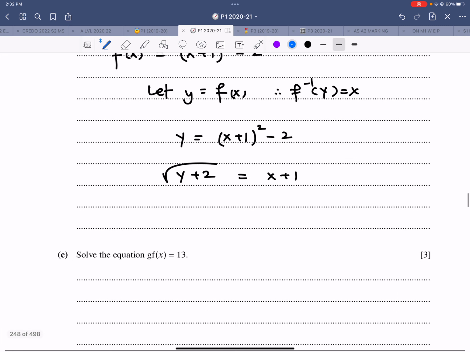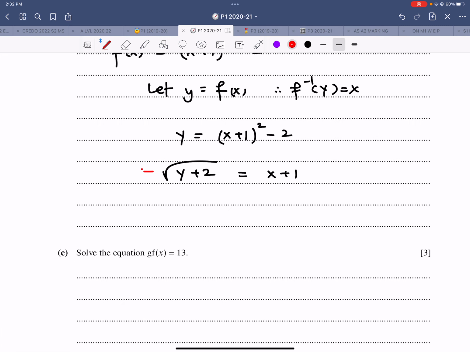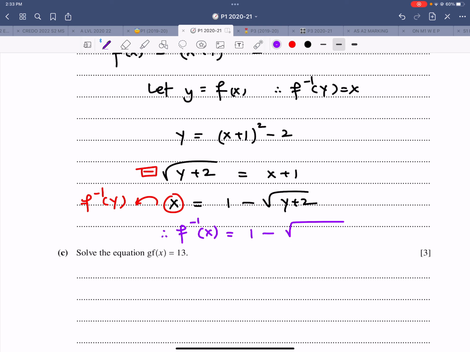Give the square root a negative sign from the beginning. Make x the subject, that is 1 minus square root of (y plus 2). But what is x equal to? x is f inverse of y. In other words, f inverse of x is equal to 1 minus square root of (x plus 2).